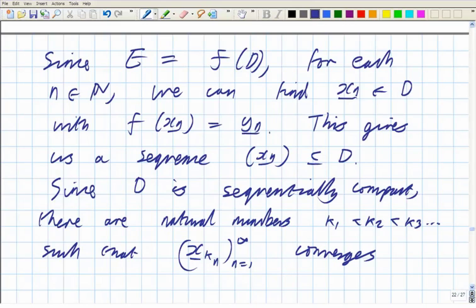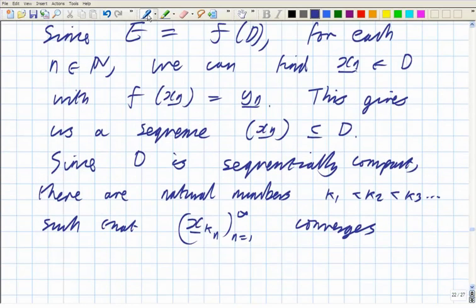D sequentially compact means that you get a subsequence that converges to something in D. So such that that converges and the limit as n tends to infinity of x_{kn} is in D.